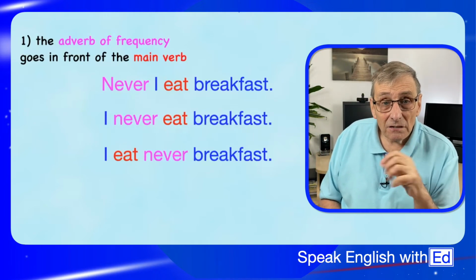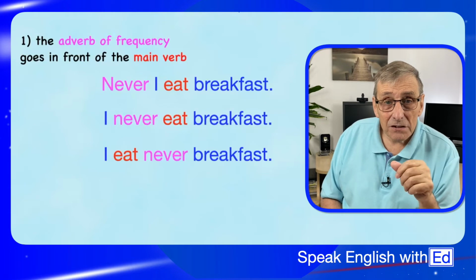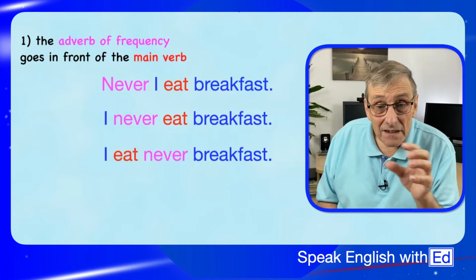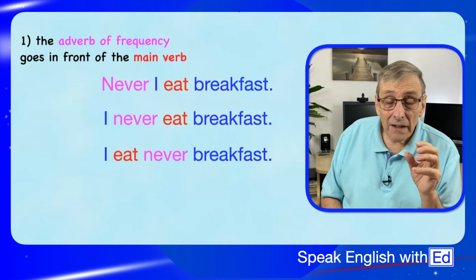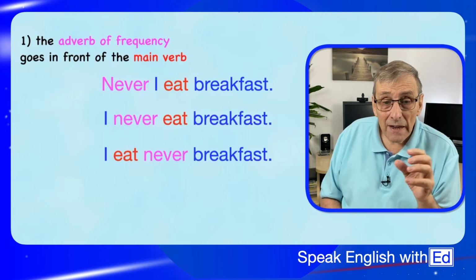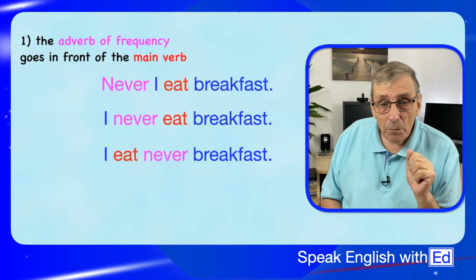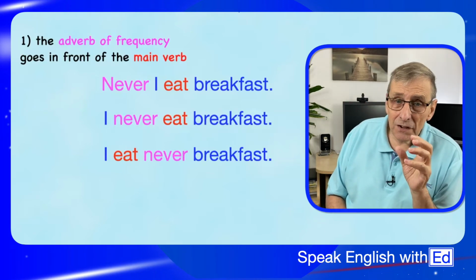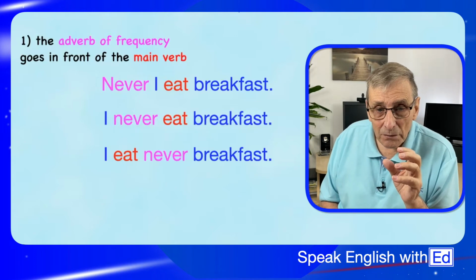So, never I eat breakfast. Now, the adverb of frequency is in front of the main verb, eat, but there's a pronoun in between there, so it's not directly in front of the main verb.